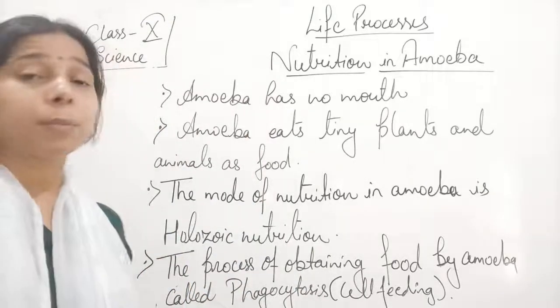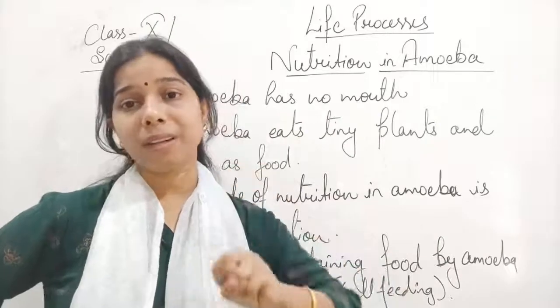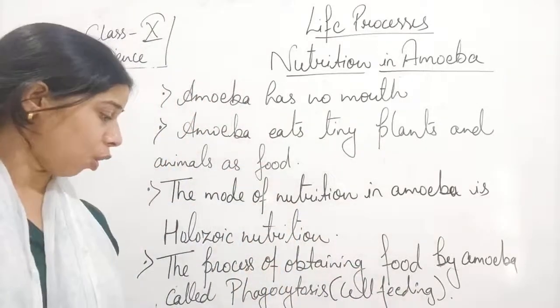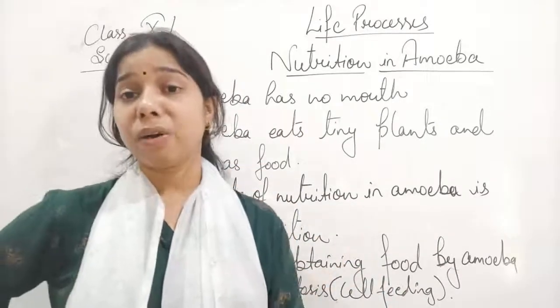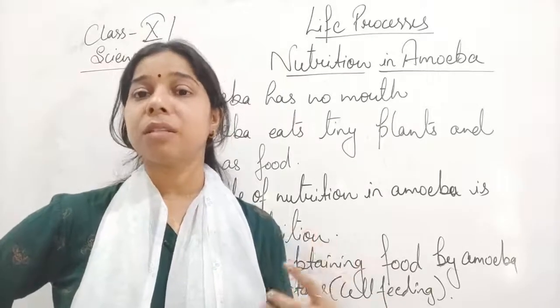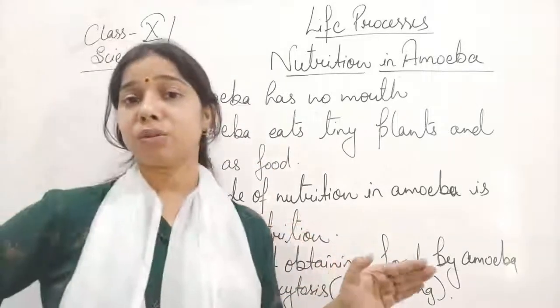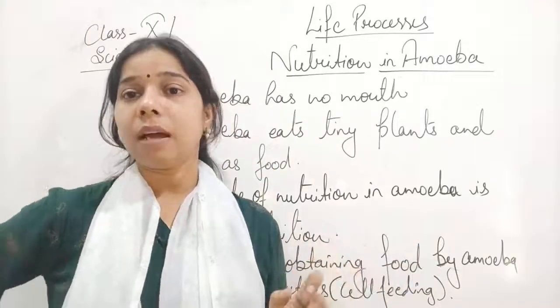Then, students, the process by which the amoeba obtains its food is called phagocytosis. It means self-feeding. So these are the things in the case of nutrition in amoeba.